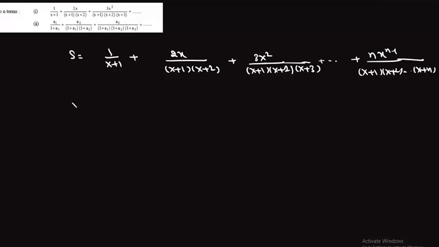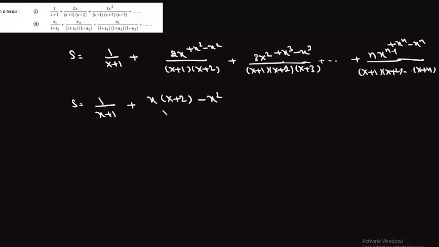Now for this second term we'll add x square and subtract x square. Here we'll add x cube and subtract x cube, and here we'll add x to the power n and subtract x to the power n. So we can write 1 upon x plus 1, and here if we take x common, it will be x plus 2 minus x square upon x plus 1 x plus 2.